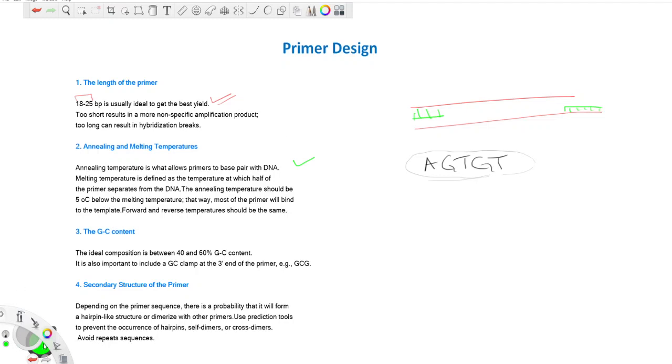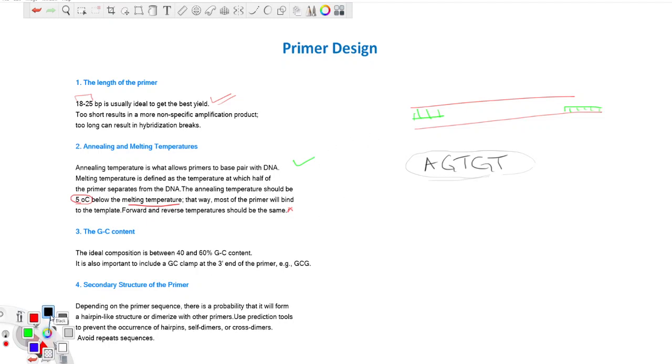Now, how do you go about it? The ideal is that your annealing temperature should be about 5 degrees Celsius below the melting temperature. At least in that way, most of the primer will bind to the template. And also, please do not forget that when you choose this temperature for your forward and reverse, you must keep them the same.